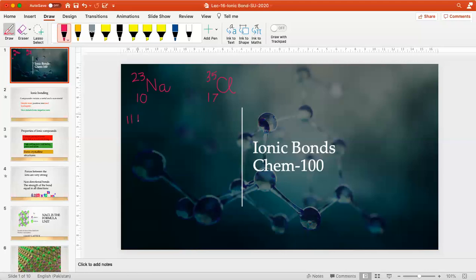If 11 protons are there, there must be 11 electrons. Right? Let's talk about chlorine. Chlorine will gain one electron and the number will become now, gain one electron.